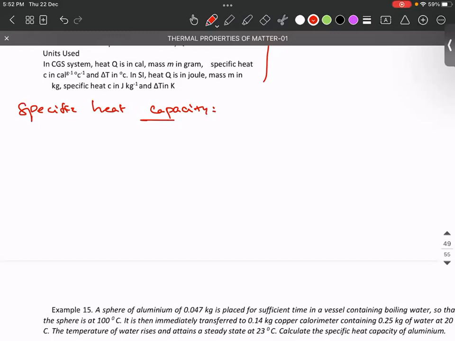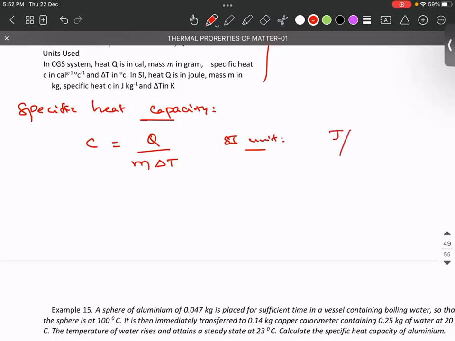So how do you write it? C is equal to the amount of heat. Heat is represented by the symbol Q. The amount of heat required to raise the temperature of unit mass of a substance through unit change in temperature. The change in temperature can either be in terms of Kelvin or degree Celsius, right? So what is going to be the SI unit for it?